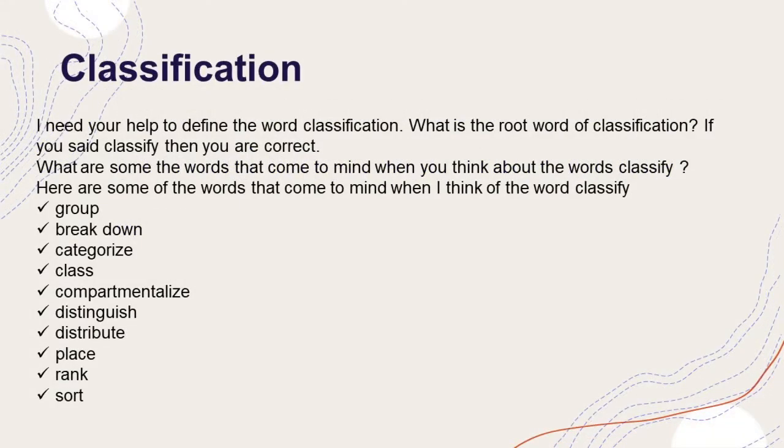Here are some of the words that come to mind when I think of the word classify. Group, breakdown, categorize, class, compartmentalize, distinguish, distribute, place, rank, and sort. All of these terms are synonymous to the word classify, and they are verbs indicating some of the things that we do when making classifications.